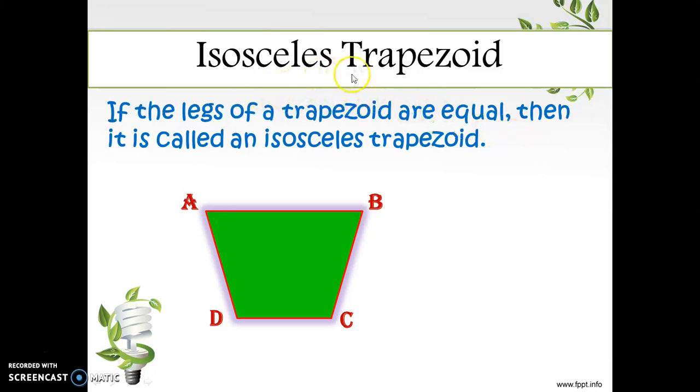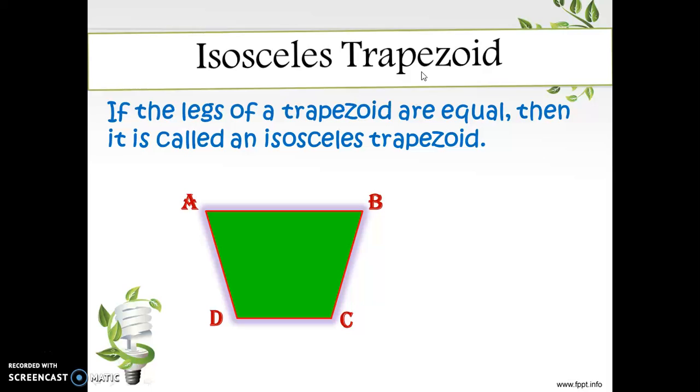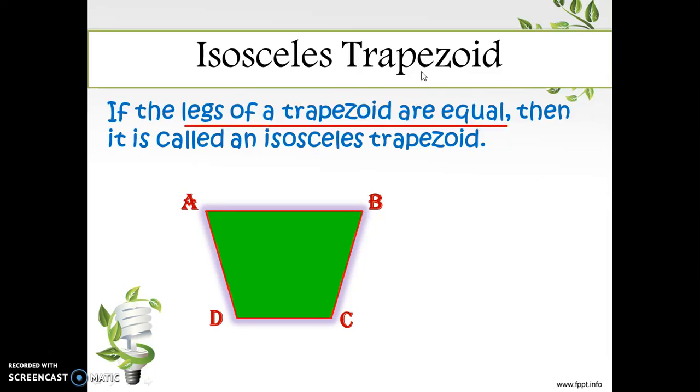How about isosceles trapezoid? When do we say that a trapezoid is isosceles? The answer is if the legs of a trapezoid are equal, then it is called an isosceles trapezoid. So the two legs must be equal. So this segment and this segment should be congruent so that we can call it an isosceles trapezoid.